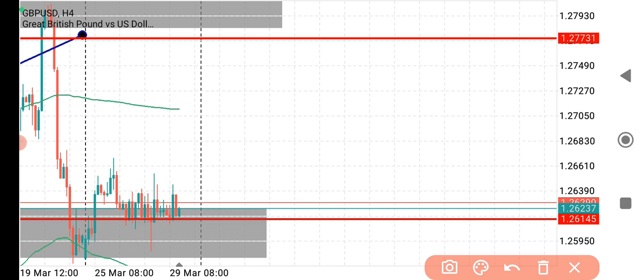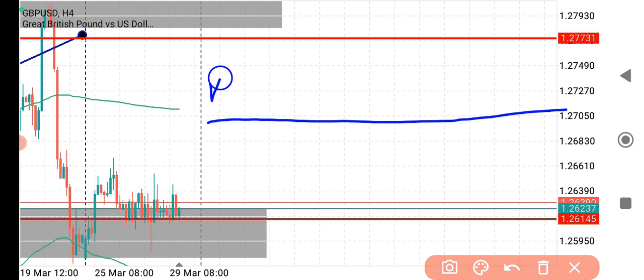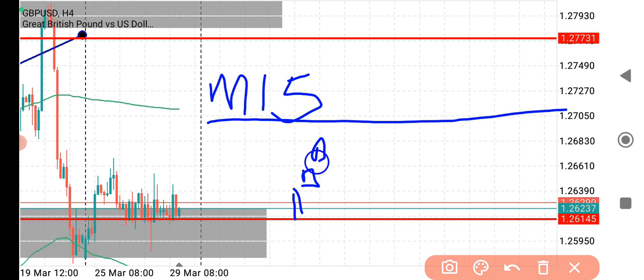Now, the entry rule for chart pattern on your M15 lower time frame. If you are using H4, and if you are using H1, it's M5. So on your M15 time frame, this is candlestick. Price will have to come, hit your support, come back down.